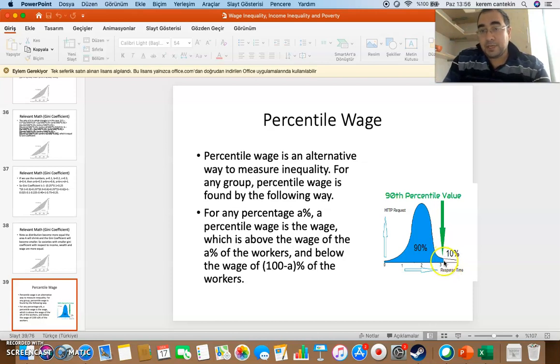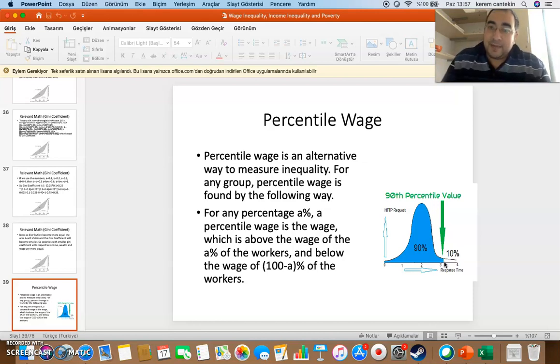The 90th percentile value is the value which is just above 90% of your population and below 10% of your population. So if you have 100 people, the wage that 90% get is the 90th percentile wage.